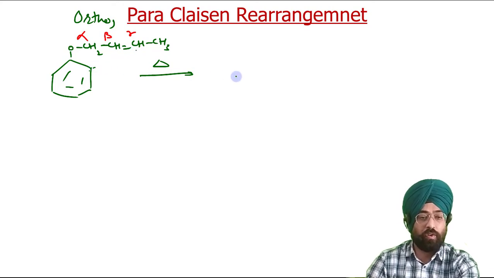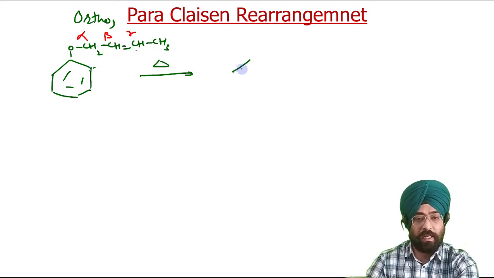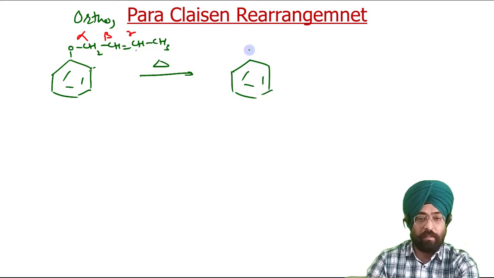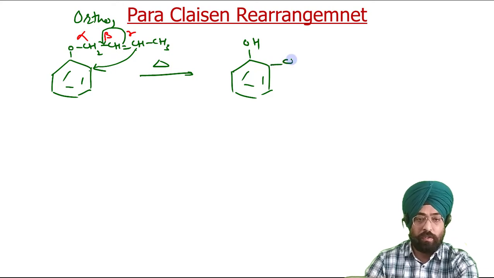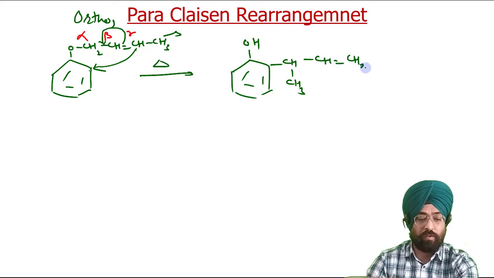Okay, so what we get is OH, and that is the difference. This gamma position will attack here, this bond will shift here. This group will go as a substituent, CH double bond CH2. So basically it takes place with inversion of configuration. So this was your alpha, beta and gamma.